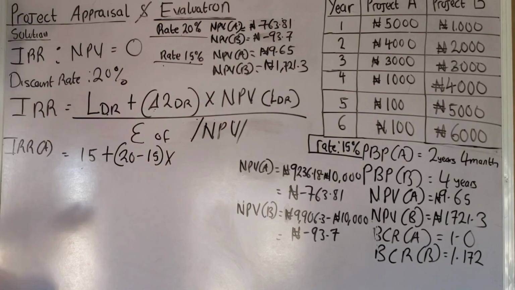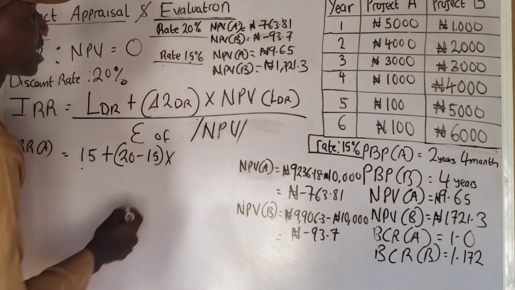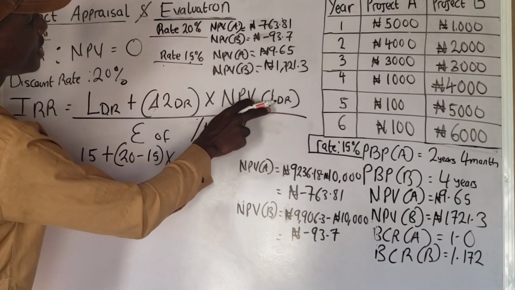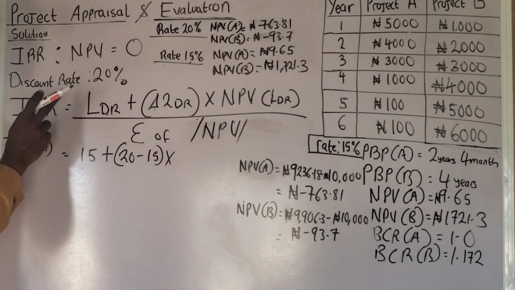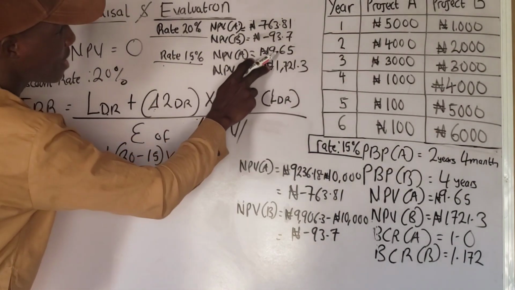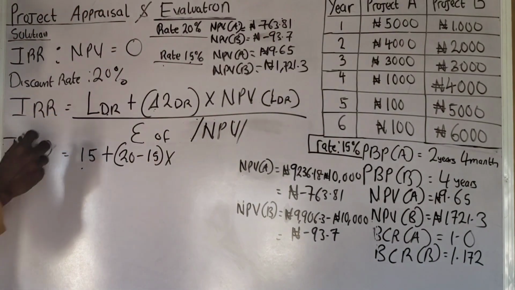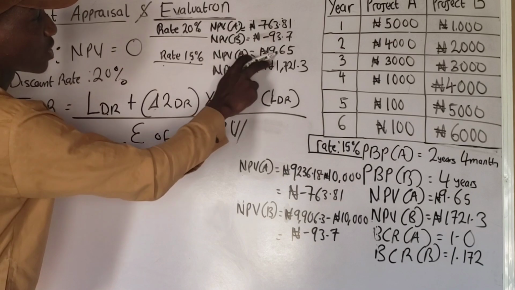You understand? Multiplied by. So are you getting what I'm trying to say? The NPV of the lower discount rate. The NPV of the lower discount rate for A now. Are you paying attention? The NPV of the lower discount rate for project A is what? 9.65. The lower discount rate is what? 15. The NPV of A at 15% is what? 9.65.